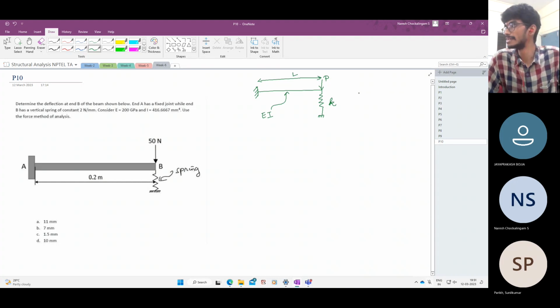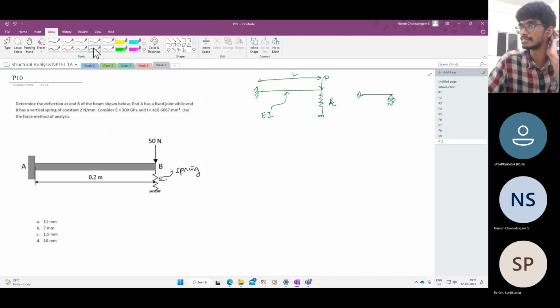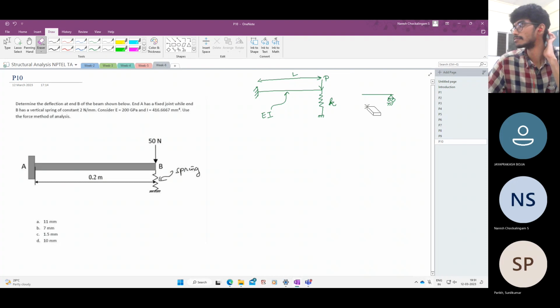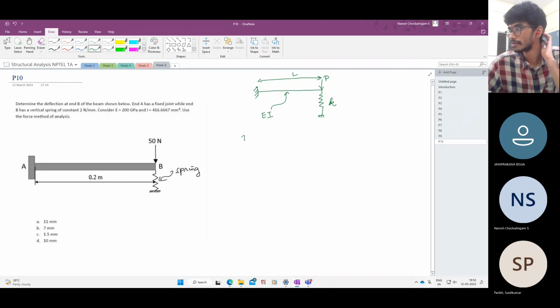If it is a prop cantilever, you know what to do. We just solved it in problem number 8. If it is a prop cantilever and the load is applied somewhere, you split it up into 2 parts and then you do everything else. But here, in this case, it is not a prop cantilever. So you cannot enforce that VB is equal to 0.